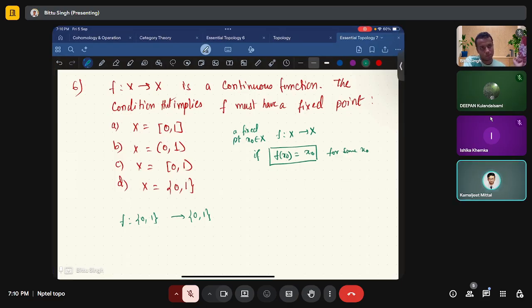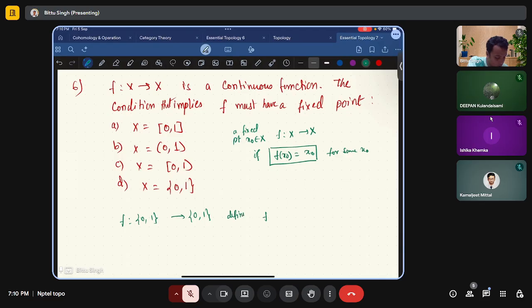Sir, we can take f of 0 equal to 1 and f of 1 equal to 0. Exactly. So define f of 0 equal to 1, f of 1 equal to 0. So it is continuous. Is it clear that this function is continuous?